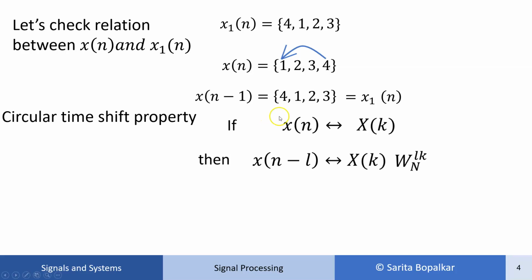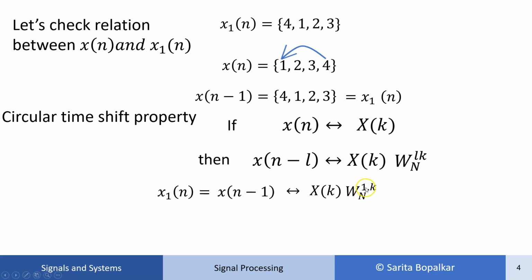The property is: if x(n) is the sequence, if its DFT is X(k), and if we delay x(n) by L units, your DFT X(k) will get multiplied with W_N^{Lk}, where L is the time shift which we have added. So here our x1(n) is x(n-1). That's why your DFT X1(k) is X(k) multiplied with W_N^{Lk}, where L is 1.